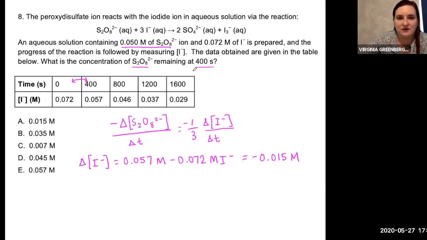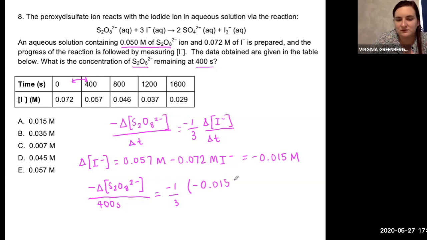And so we can go ahead and figure out how much the S2O8 2- would have changed. So this is what I'm going to solve for. My time is 400 seconds. Negative 1/3 times my change, which is what I just solved for above, also divided by those 400 seconds.